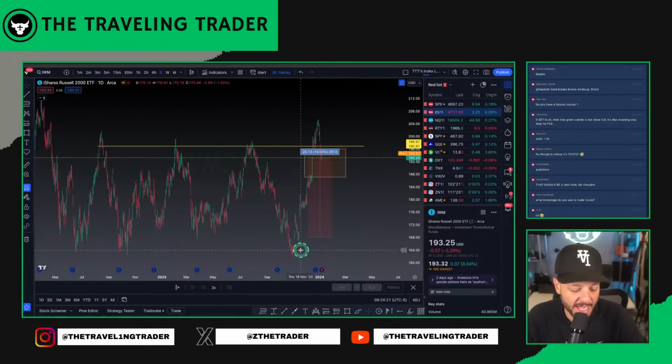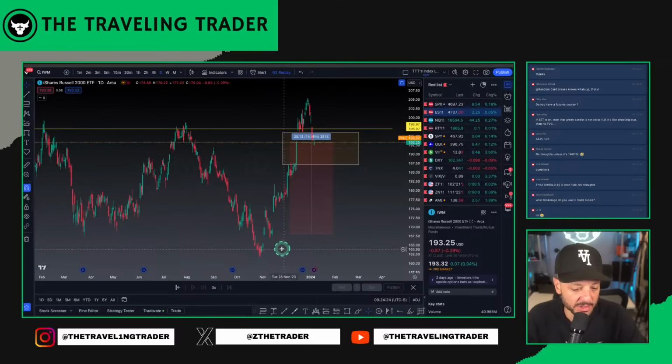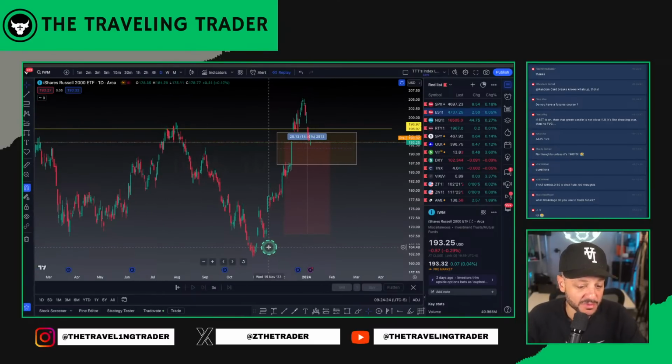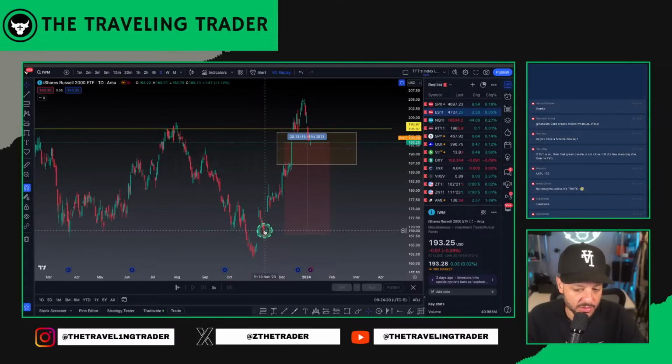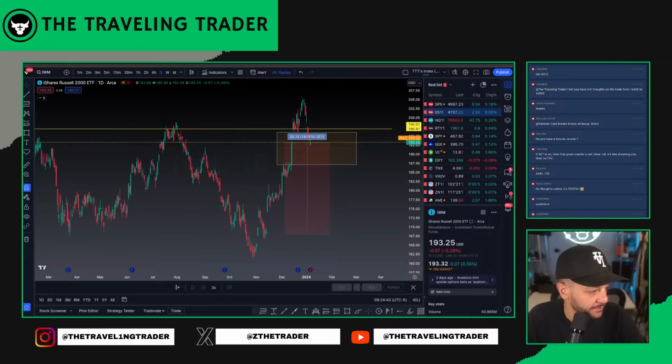I bought the SPY at 410, and the bottom of SPY was 409. But I bought IWM maybe a week or 2 weeks later. The bottom on IWM was 161, and I bought it at 168.